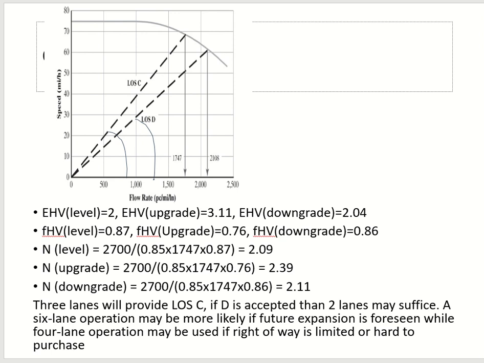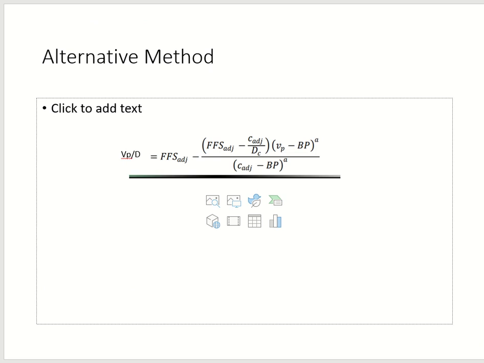But this is the small issue with using the equation, that we are assuming by using this equation that my flow rate is after the breakpoint. Clear? If it is before the breakpoint, then it's very easy, we know speed equals free flow speed. So you can even use that as well.